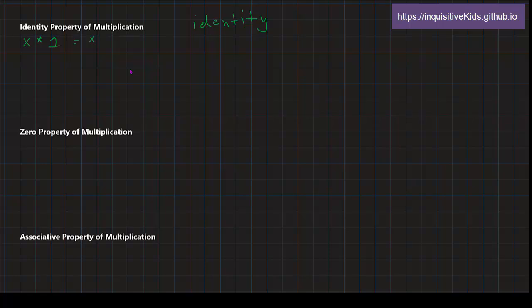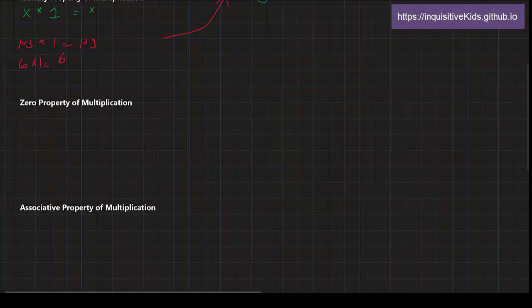For example, 103 times 1 would always equal 103 itself. Or say, for example, 6 times 1 would always equal 6. So you can always know that any number times 1 will always be itself, and it keeps its identity. Its identity does not change after the equal sign comes up.